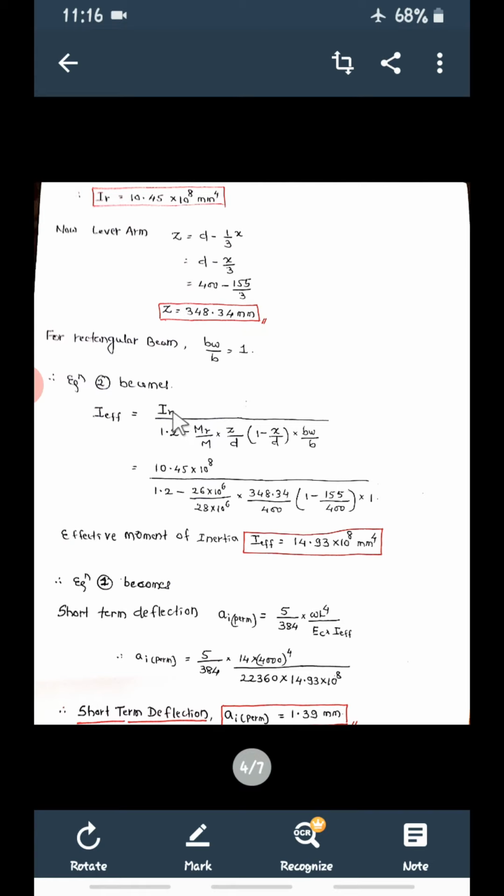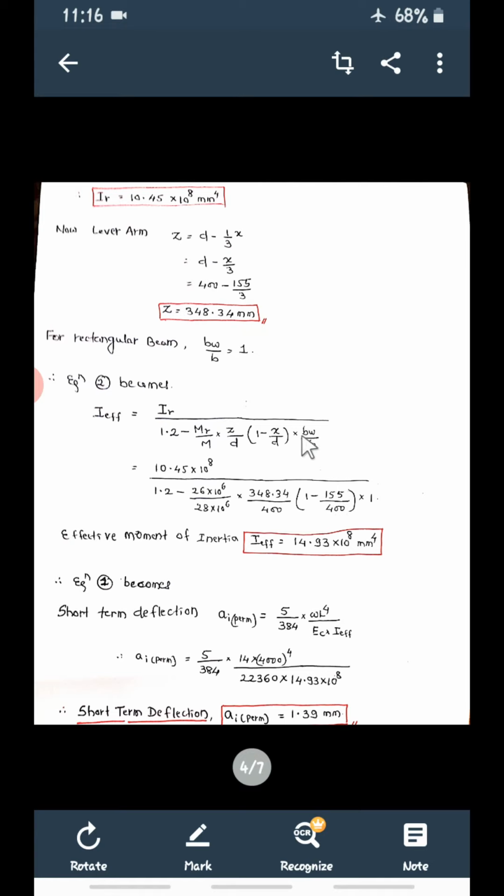So this is Icr, 10.45 into 10 raised to 8, divided by 1.2 minus cracking moment 26 into 10 raised to 6 divided by maximum bending moment 28 into 10 raised to 6, into z, the lever arm, divided by effective depth, into bracket 1 minus x, the neutral axis depth, divided by d, effective depth 400.